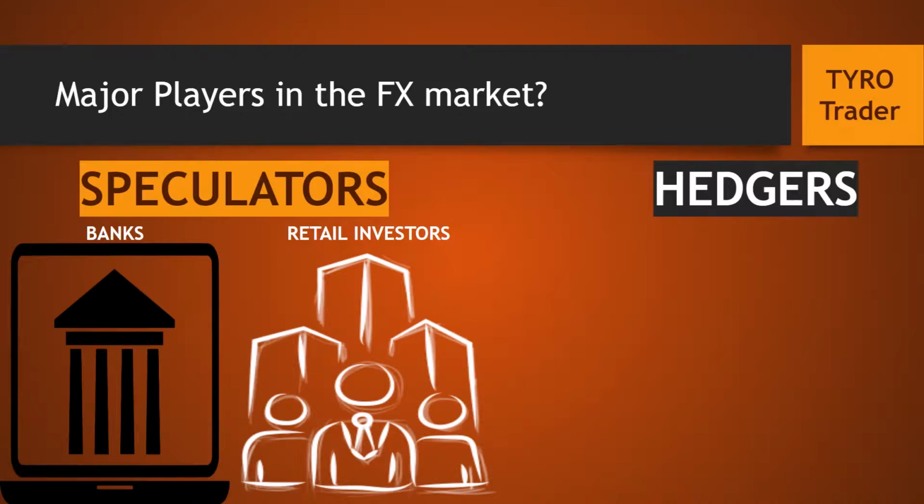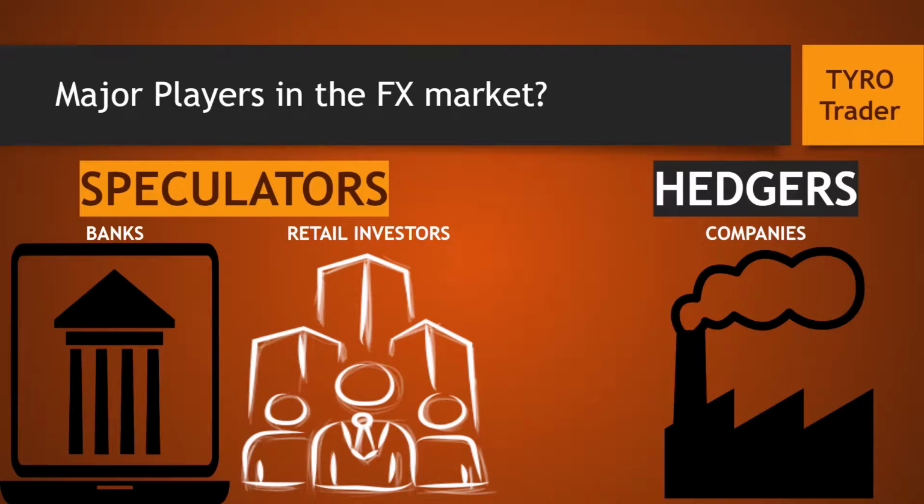These are companies looking to pay for raw materials, services, or even receive payments for goods abroad now or sometime in the future. Just so you know, we fall in the category of the speculators. Speculators look for imbalances in the market and try to predict an outcome to make a profit. We are retail traders, and we'll talk about this more in later videos.